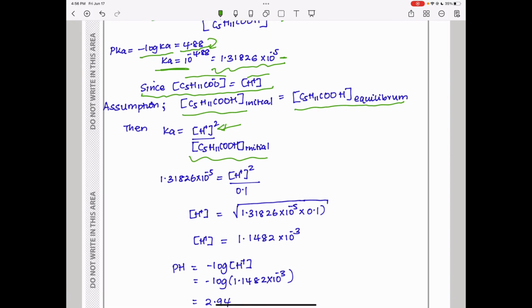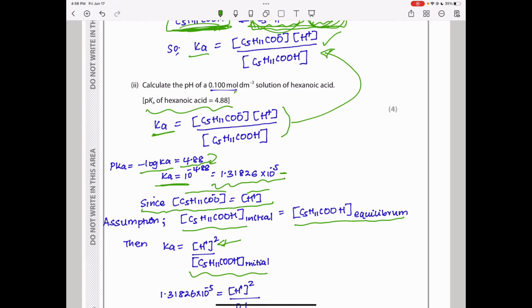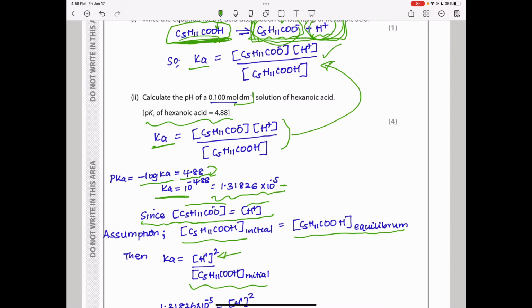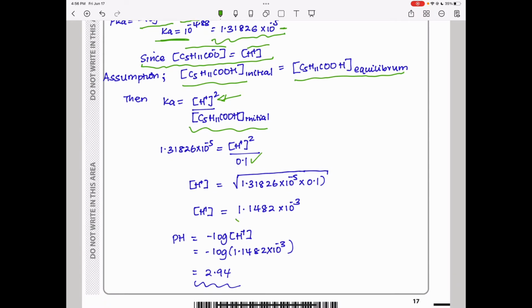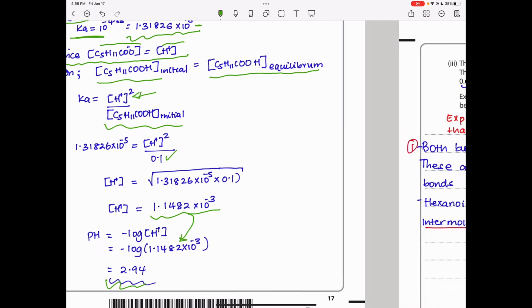You can remember from the question that they say the original concentration is going to be this. So we can substitute that here and make H plus the subject, and this comes out as this. Now, since we know pH is negative log of hydrogen ions, and we know the hydrogen ions, I just feed this here, and I get pH equal to 2.94. So let's continue to the next part.